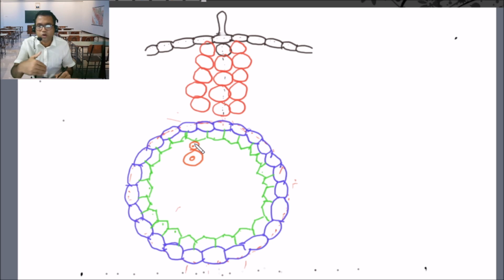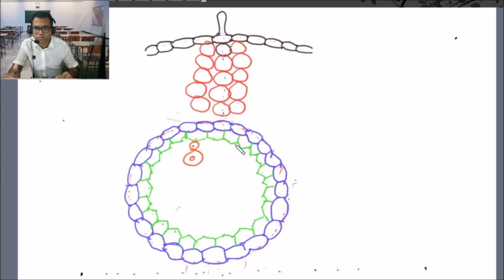Protoxylem remains towards outside and metaxylem remains towards inside, and the number of vascular bundles is more than 6. So we have to draw more than 6 vascular bundles, xylem and phloem.